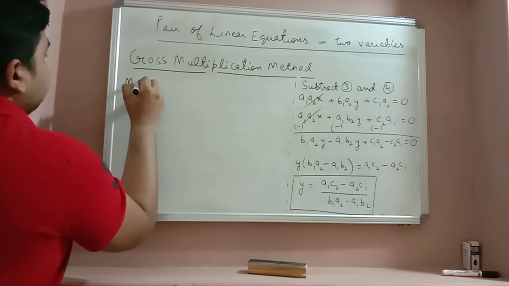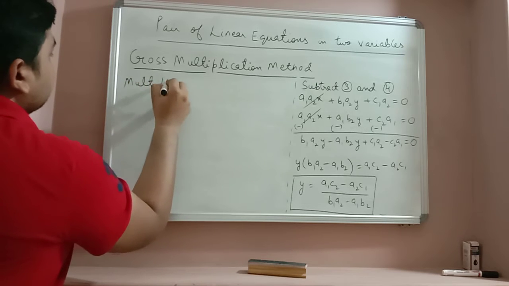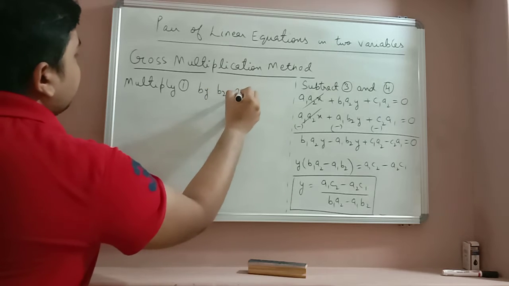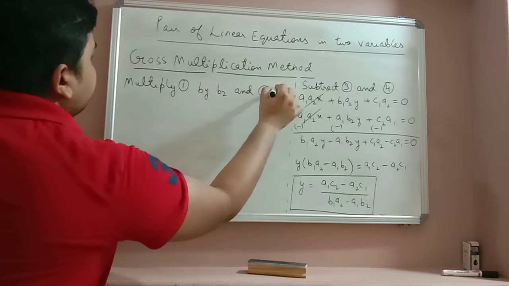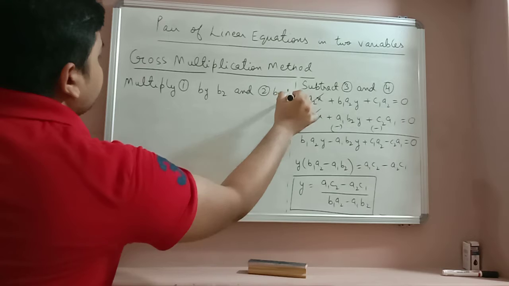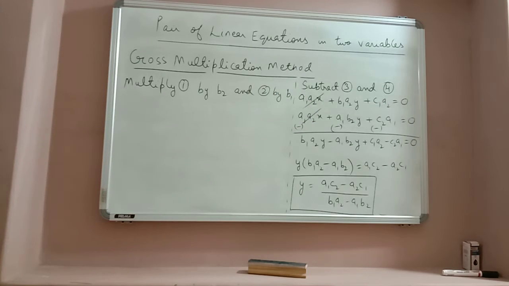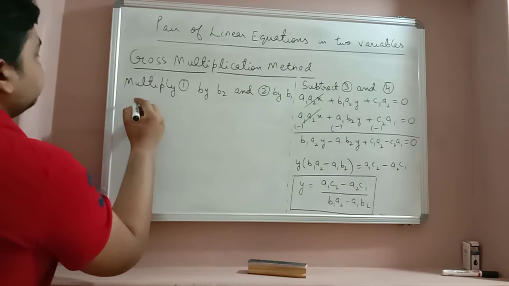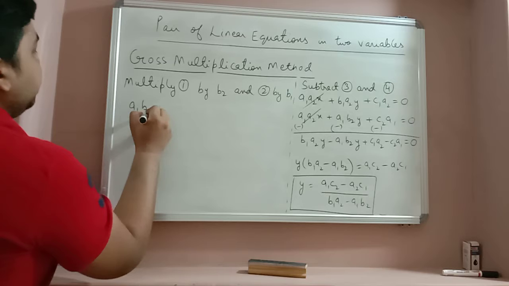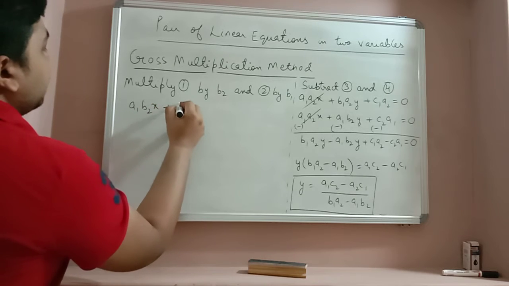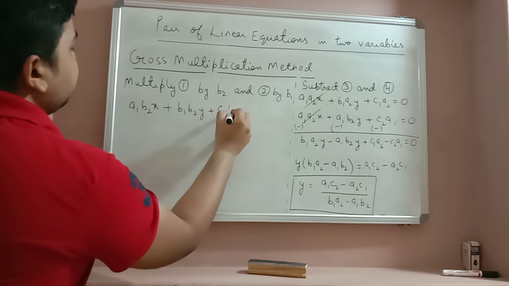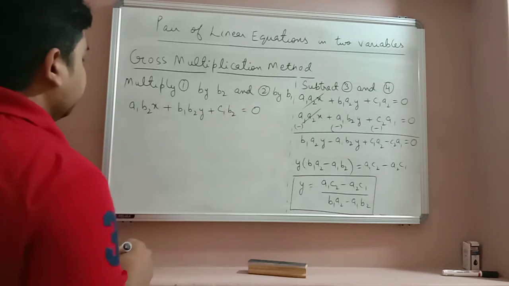So now we will multiply the first equation by b2 and the second equation by b1. Let's do that. On multiplying the first equation by b2, we get a1 b2x plus b1 b2y plus c1 b2 equals 0.